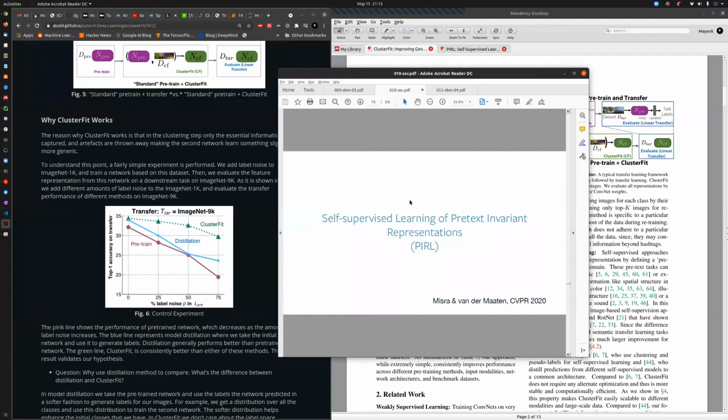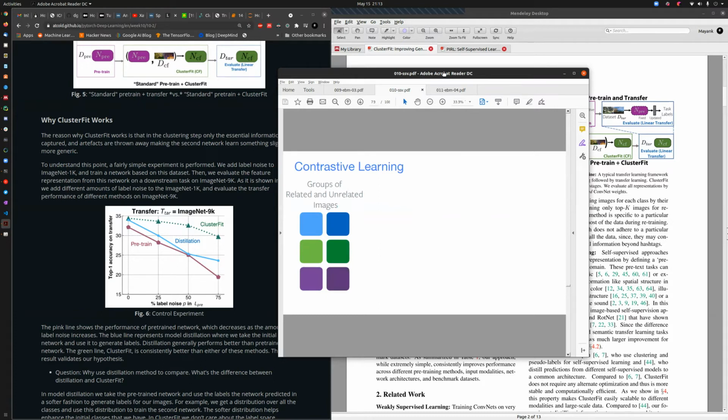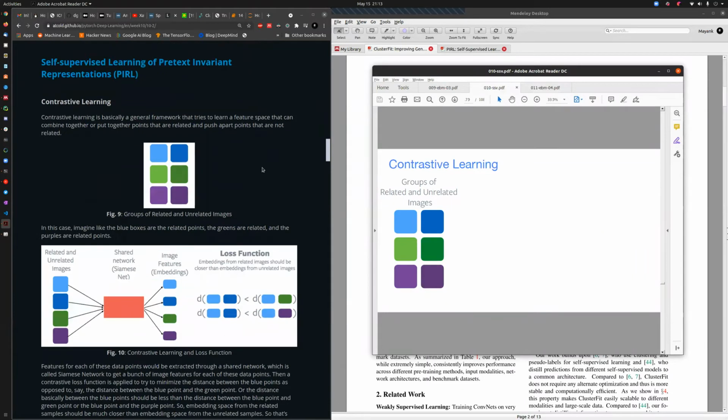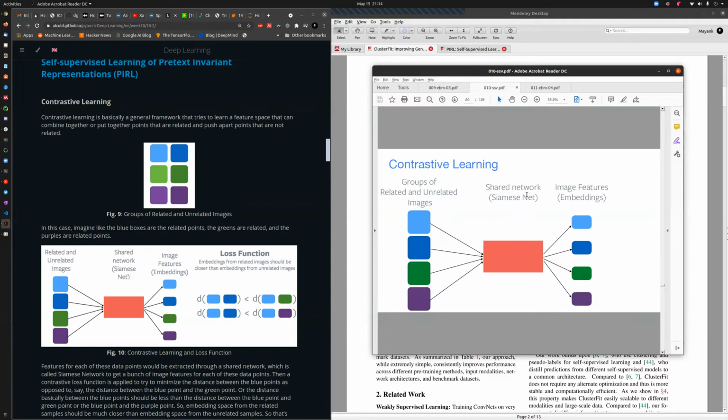Okay, so then we go on to pretext invariant representations (PIRL). What is contrastive learning? This is with respect to contrast. If we have a group of related or unrelated images, we group them and pass them through a network like Siamese nets.